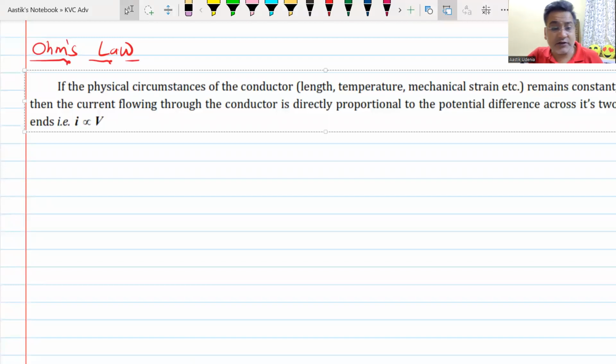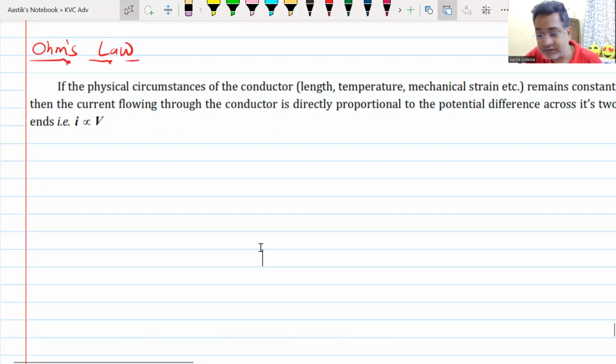If the physical conditions of the conductor remain same, the temperature, length, and so on, the current flowing through the conductor remains constant. I is proportional to V. You cannot say that you don't remember Ohm's law. This is a crime.